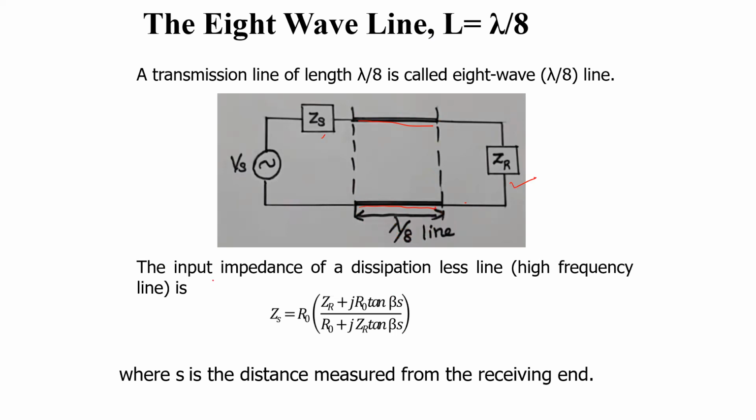In general, the input impedance of a dissipation-less transmission line is given by this expression. ZS is equal to R0 into ZR plus jR0 tan beta S divided by R0 plus jZR tan beta S. Here, beta is 2 pi by lambda and S is the length of the transmission line, that is the distance measured from the receiving end.